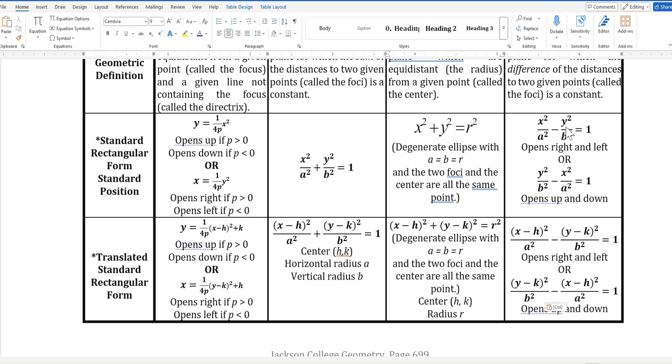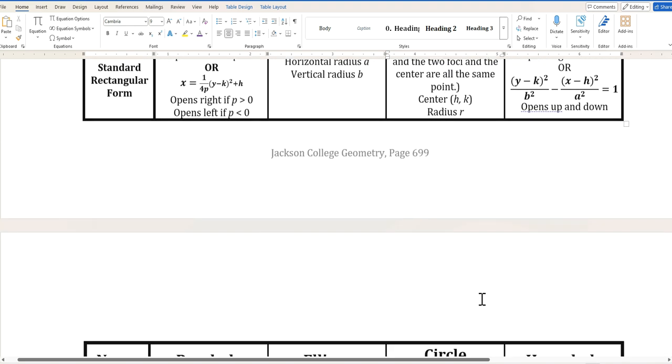The one with the minus on the y squared will open left or right. The one with the minus on the x squared will open up and down. It is in two pieces. Now translate by the vector (h, k), and you replace the x by x minus h and the y by y minus k, and here you get the general form of the hyperbola.